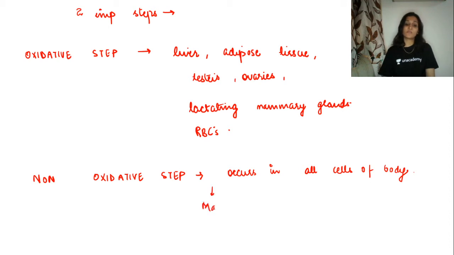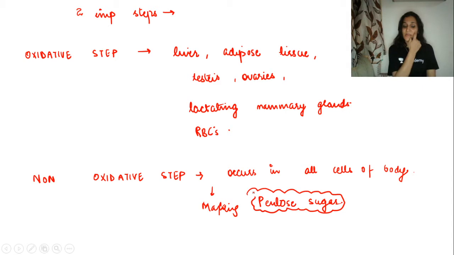It's making pentose sugar. And pentose sugar is needed for what? Can you guess? Yes, everyone is thinking right, this pentose sugar is needed for DNA and RNA synthesis.